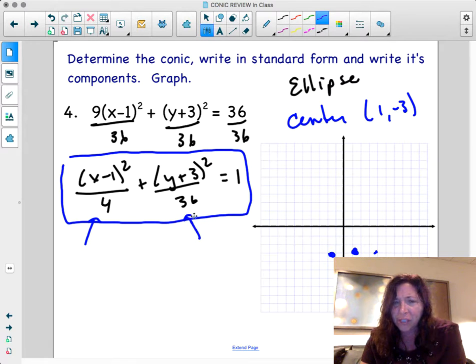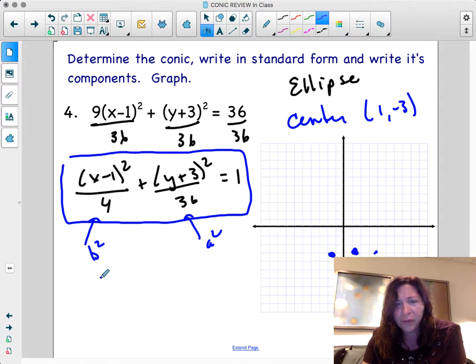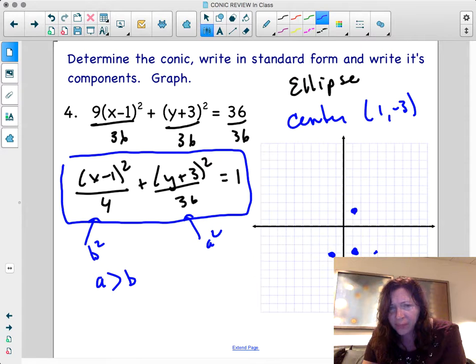In my y direction, which is my a squared, this is my b squared. Because in an ellipse, a squared is always greater than b squared, okay? In the y direction, I'm going to go 6, so up 6 and then down 6. So my ellipse looks like this.